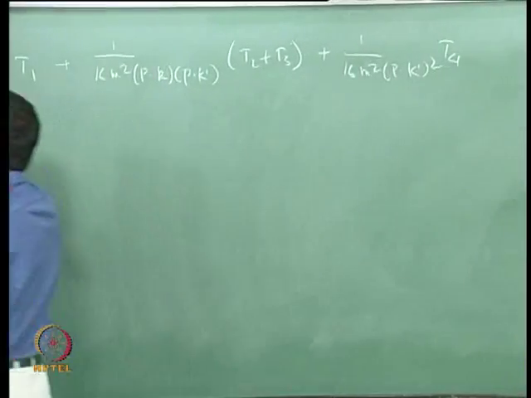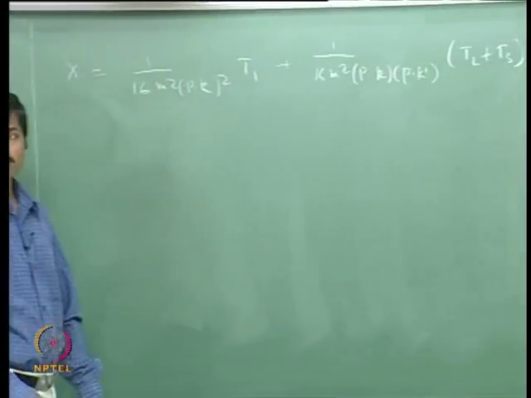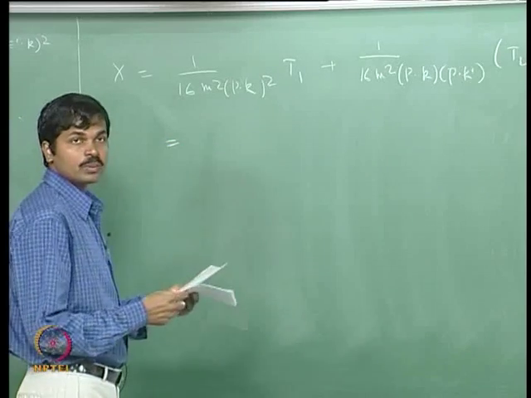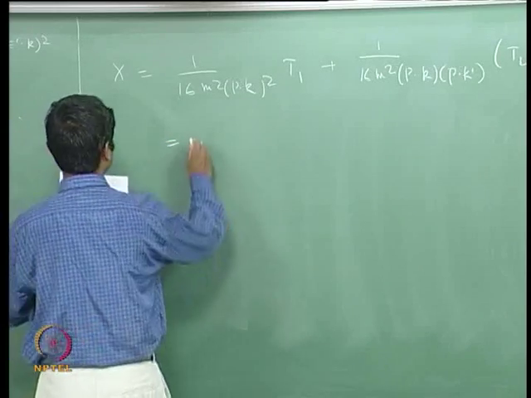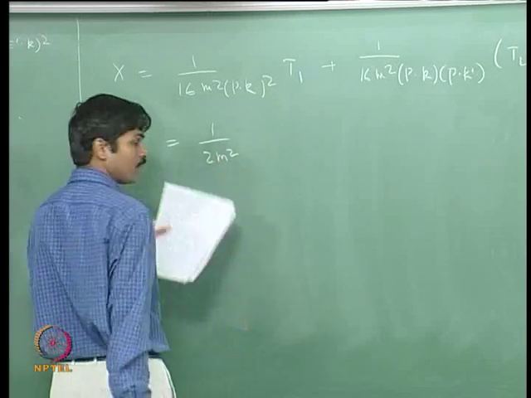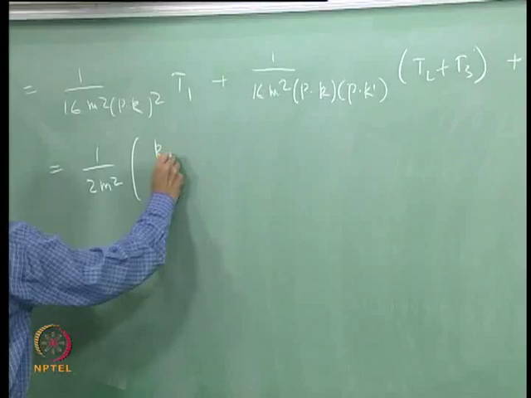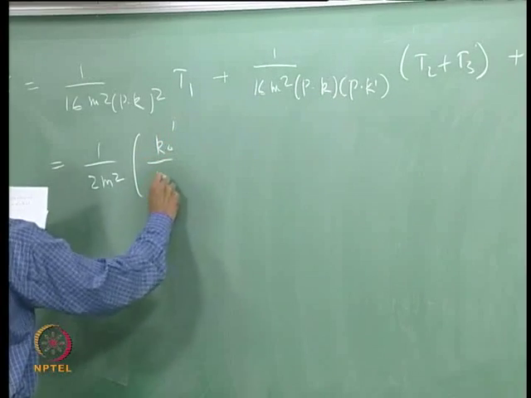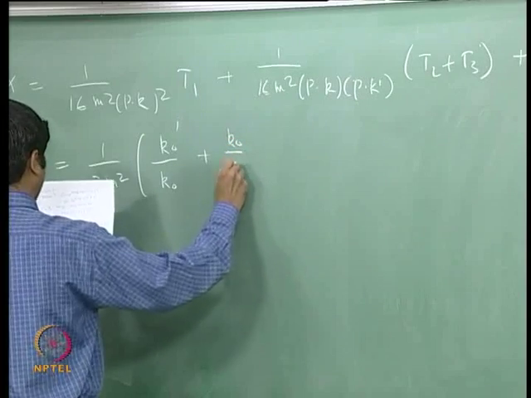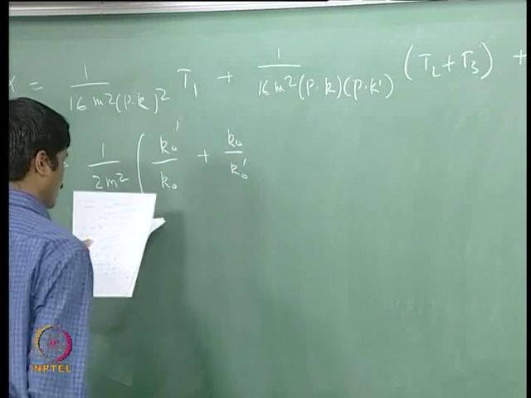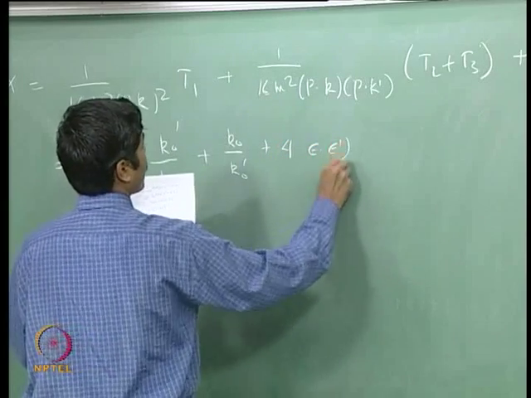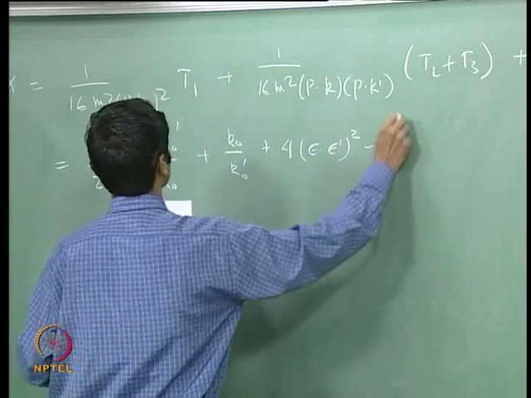Now, I will substitute for T1, T2, T3, T4, and then you will see that after a little bit of simplification, this quantity will reduce to this simple expression 1/2 m square k0 prime over k0 plus k0 over k0 prime plus 4 epsilon dot epsilon prime square minus 2.